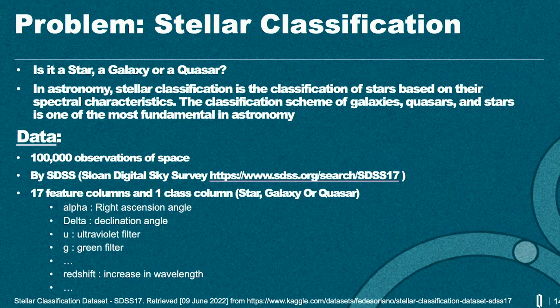And what we've done is gone and got a data set of 100,000 observations. This is a publicly available data set from the Sloan Digital Sky Survey. I've given you a link to the place where you can get it yourself. And there are 17 columns within this data set.